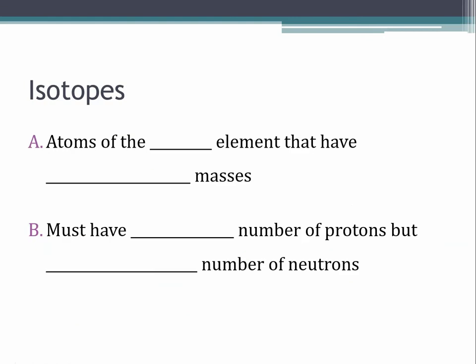So, what's an isotope? They are atoms of the same element that have different masses. And the only way they can have different masses is if they have the same number of protons, because they're the same element. So same element means they have to have the same number of protons.